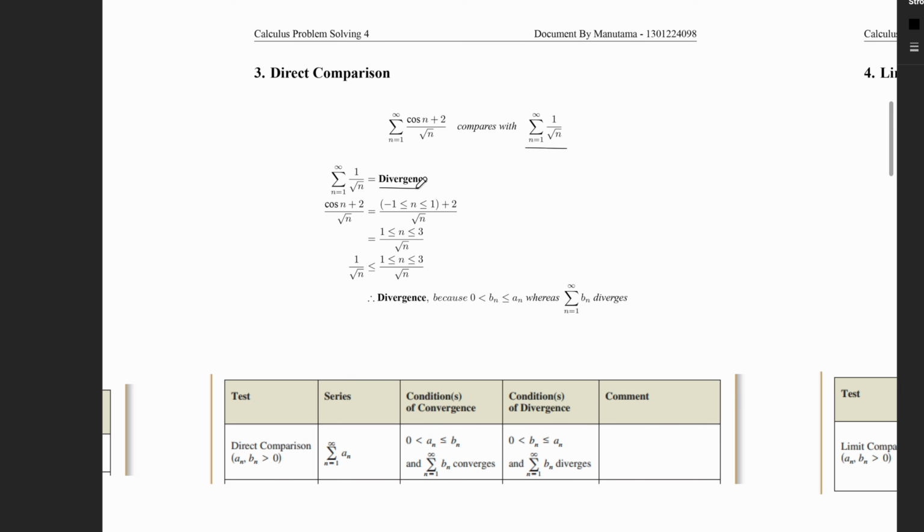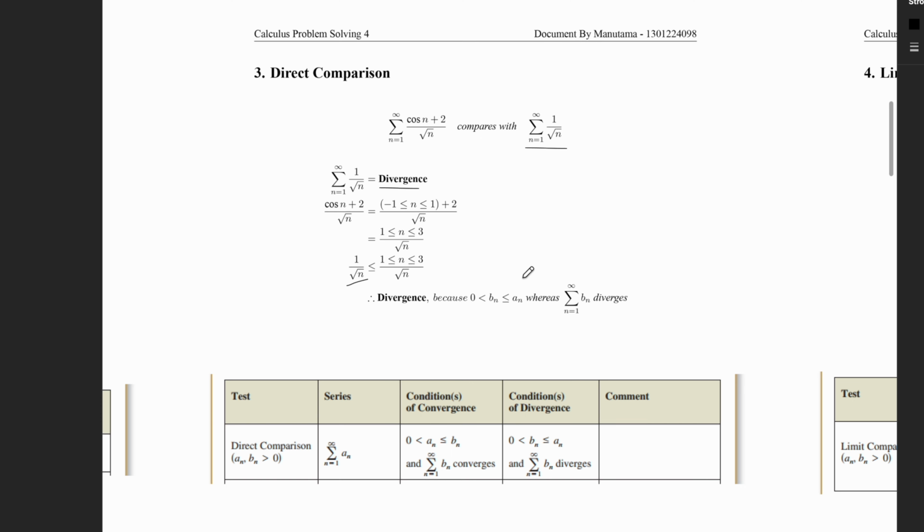Cos n ranges from minus 1 to 1. If we add 2, we get minus 1 plus 2 is 1, and 1 plus 2 is 3. So now the range is from 1 to 3, over square root of n. We know this is bigger than the other one, because it is the same or bigger, since we can get 2 here, or 2.5 here.